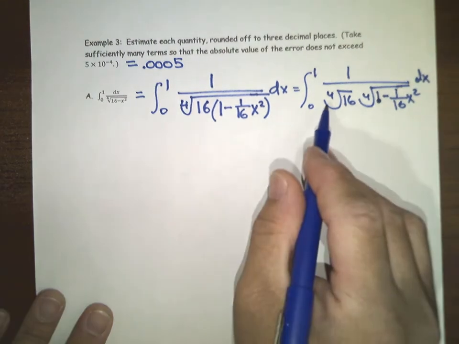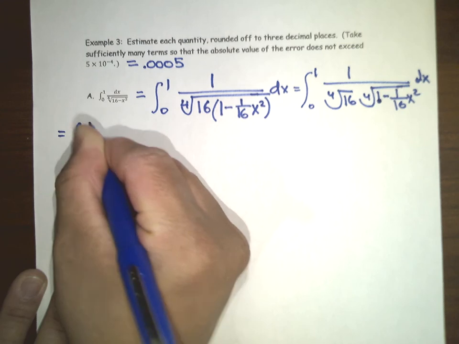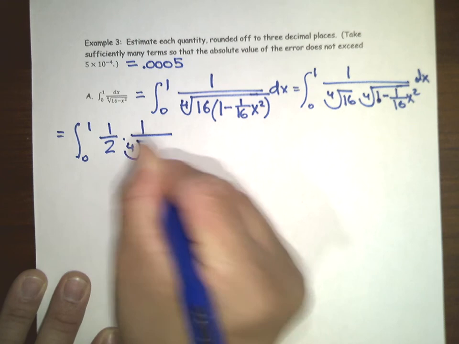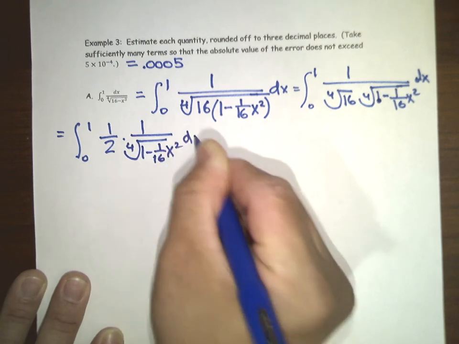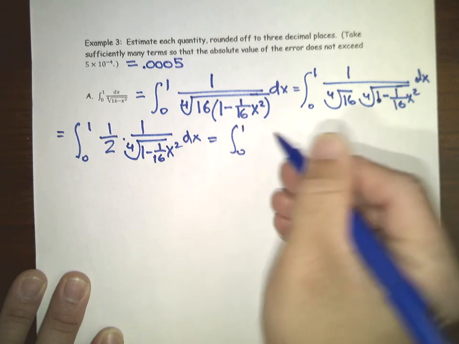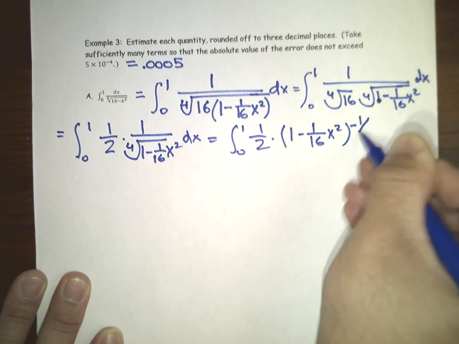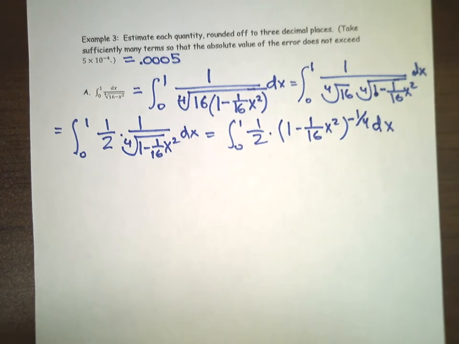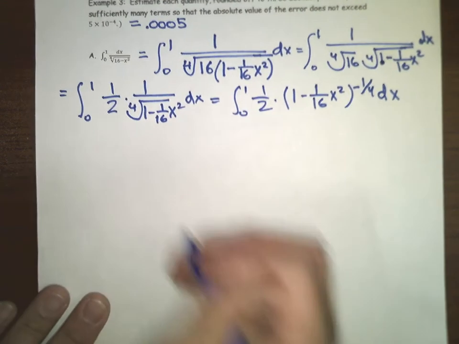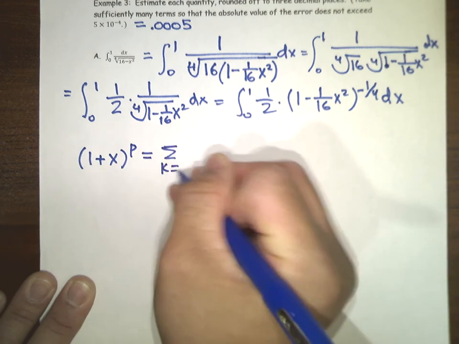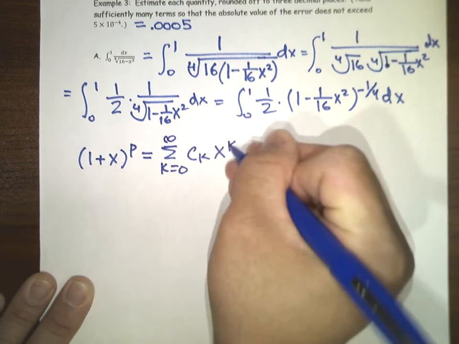And the 4th root of 16 is 2. So I have the integral from 0 to 1 of 1 over 2 times 1 over the 4th root of (1 minus 1 over 16 x squared) dx, and I'll rewrite that as the integral from 0 to 1 of 1 half times (1 minus 1/16 x squared) to the negative 1/4 dx. Now I am going to start with something similar to what I have done before, and that is that (1 plus x) to the p is the sum, k equals 0 to infinity, of ck x to the k.